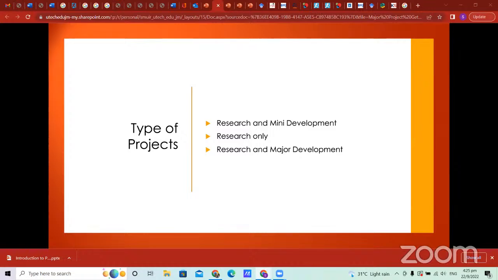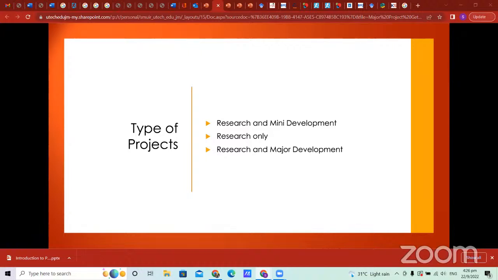Typically, a research-only project, if it doesn't have more than one instrument, would typically have some very sophisticated advanced statistical methods or advanced qualitative analytical methods. And research and major development is where you do, as it says, a major development.